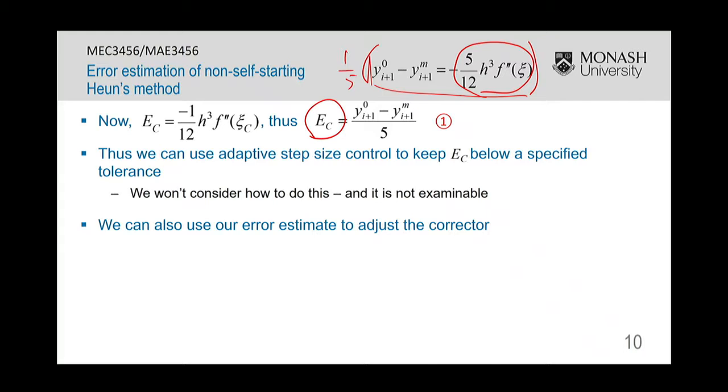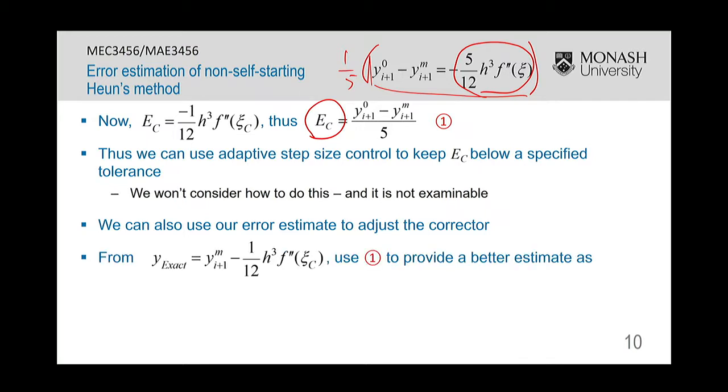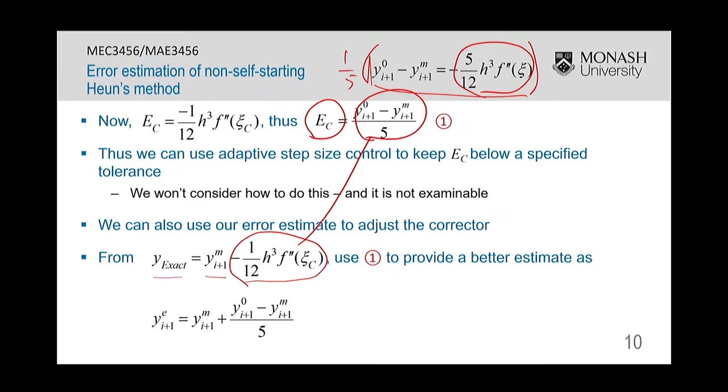We can also use our error estimate here to adjust our corrector. So, from the fact that y exact is equal to our corrector minus 1/12 h cubed f double dashed, the error estimate, we can just replace that by equation 1, which gives us y_{i+1} exact is equal to y_{i+1}^m plus (y_{i+1}^0 minus y_{i+1}^m) over 5.